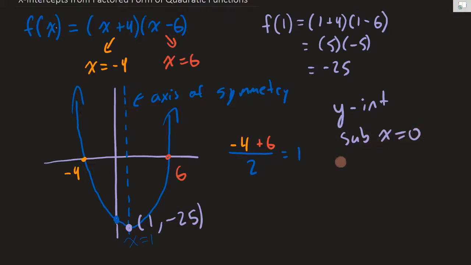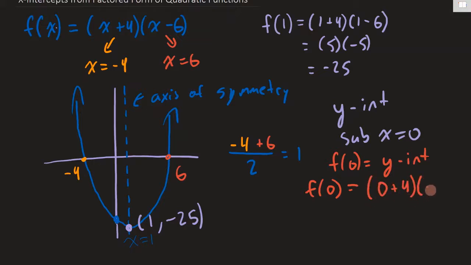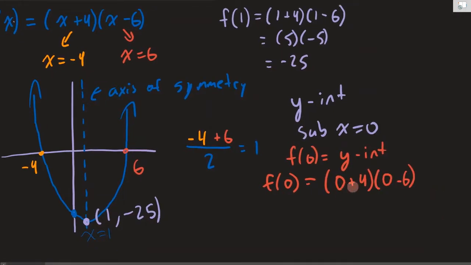So let's do that. f of 0 is the y-intercept, and in this case f of 0 essentially means wherever x is in our equation, you just ignore it. I'll show subbing 0 in for x, but really you can ignore the x entirely and just multiply your constants.